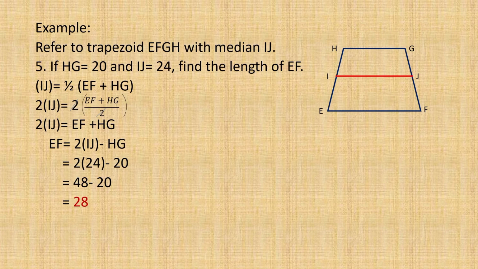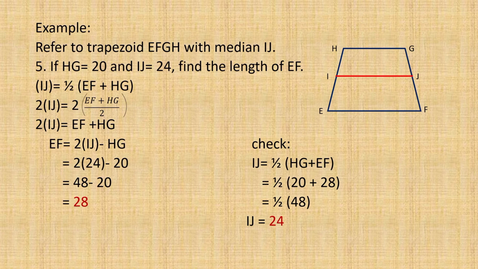So we have here our equation. EF is equal to 2 times IJ minus HG. Substitute the value of IJ, which is 24, and the value of HG, which is 20. So simplify. 2 times 24 is 48 minus 20. So therefore, your EF is equal to 28.